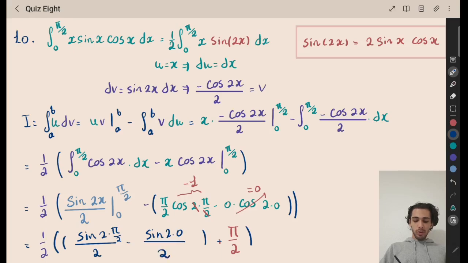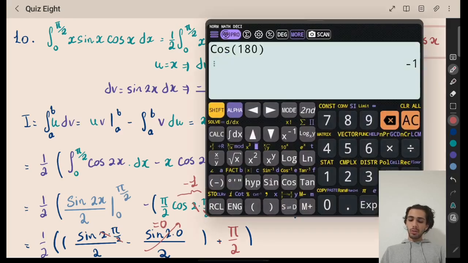Now sine of 0 is 0. This whole thing is 0. And sine of 2 pi over 2, sine of pi. So sine of 0 is 0. And I don't want to use the previous analogy, but if I use it, then probably sine of pi is also 0.